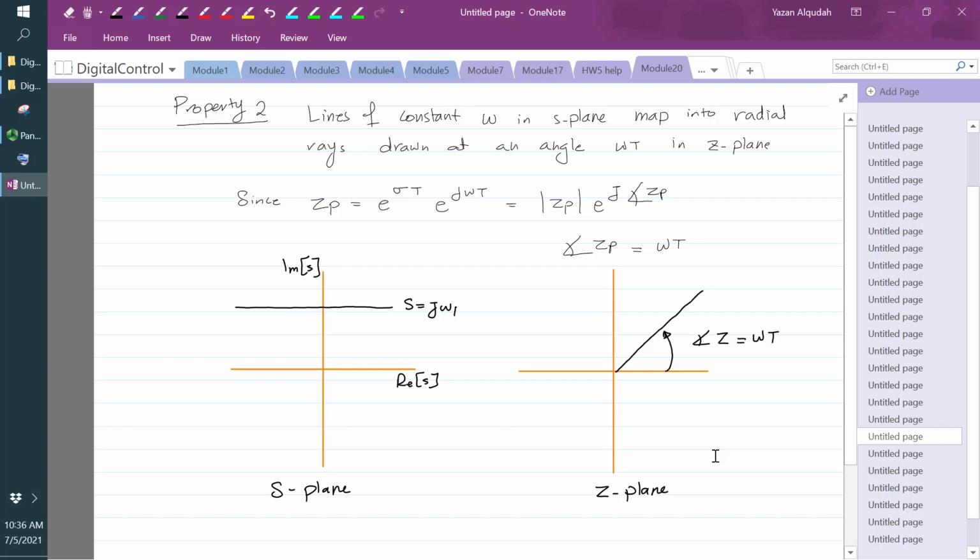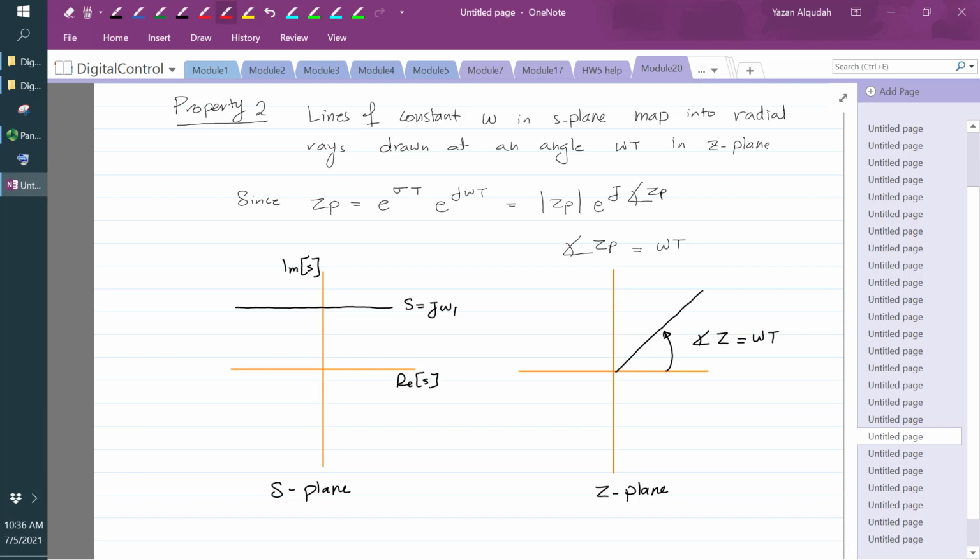Okay. The second property: what happens if I have lines of constant omega in the S domain? These will map into radial rays that are drawn at an angle that is omega multiplied by t in the Z domain, in the Z plane.